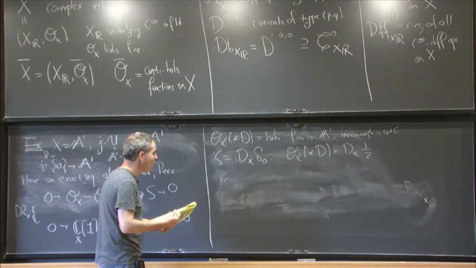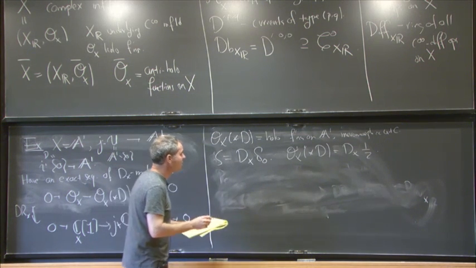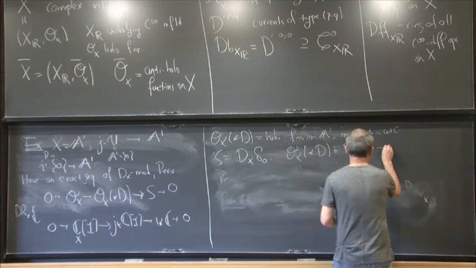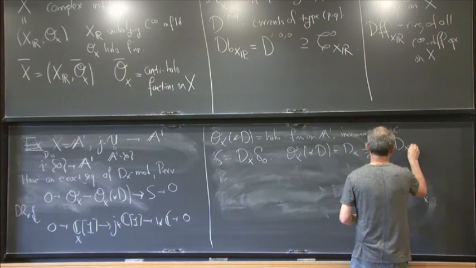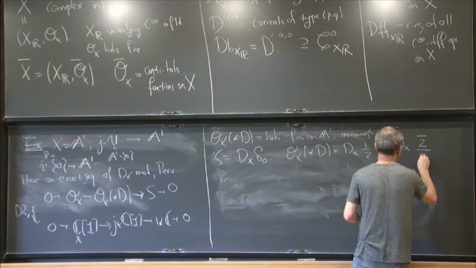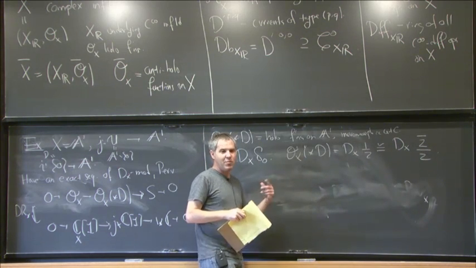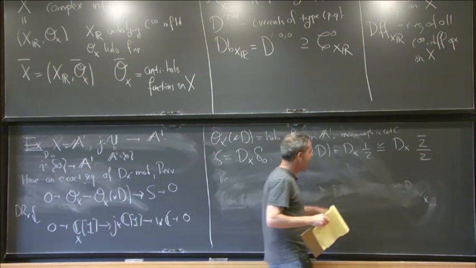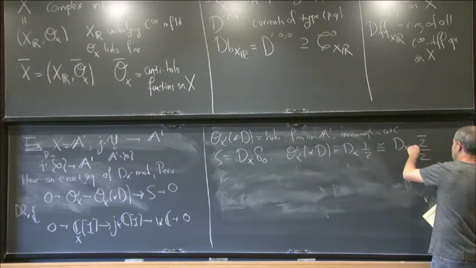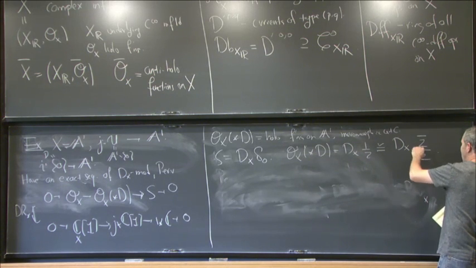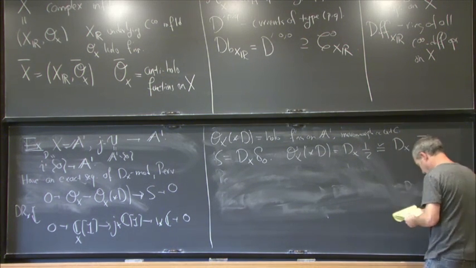Another way to think of dx times 1 over z is also dx times z bar over z. This is maybe the better way to think about it, because this is an L1 function, so a priori it gives you a distribution.